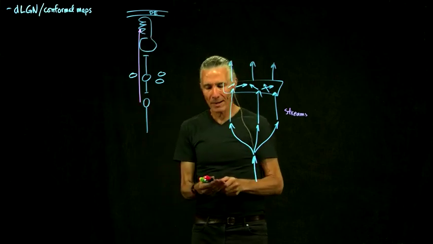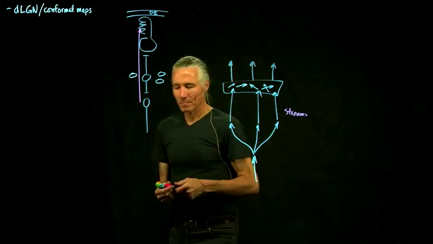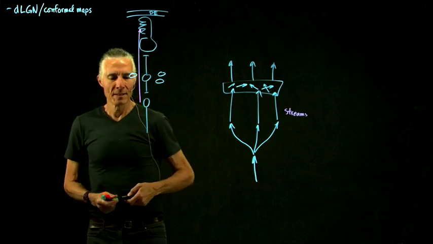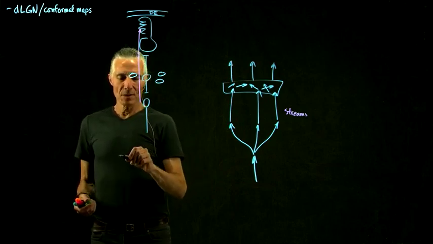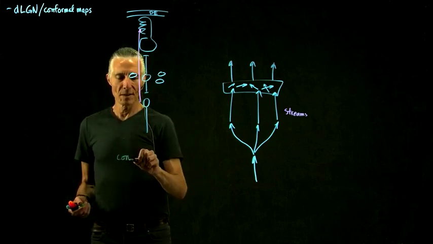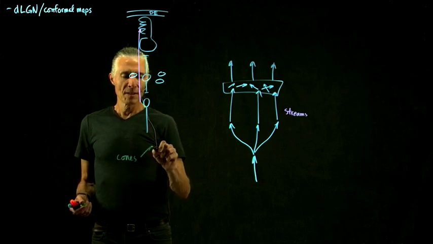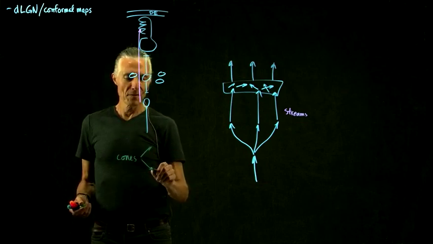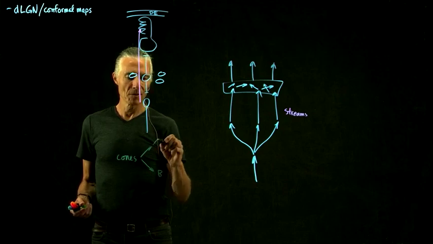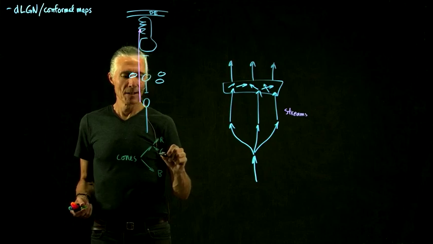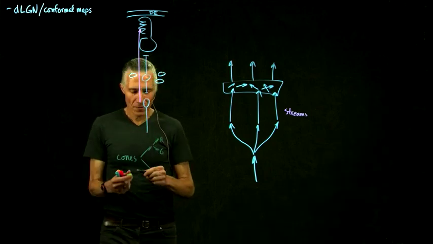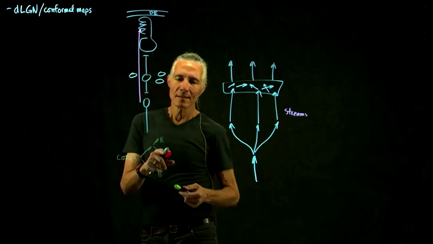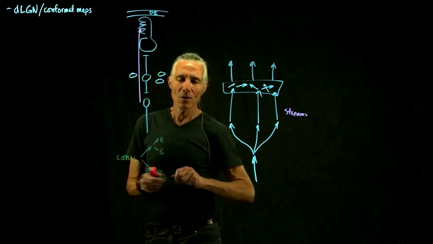In the retina, the main distinctions we talked about: you have cones, and the cones, you've got red and green cones, and then you've got blue cones. But the first thing that immediately happens is you break these up into on and off.